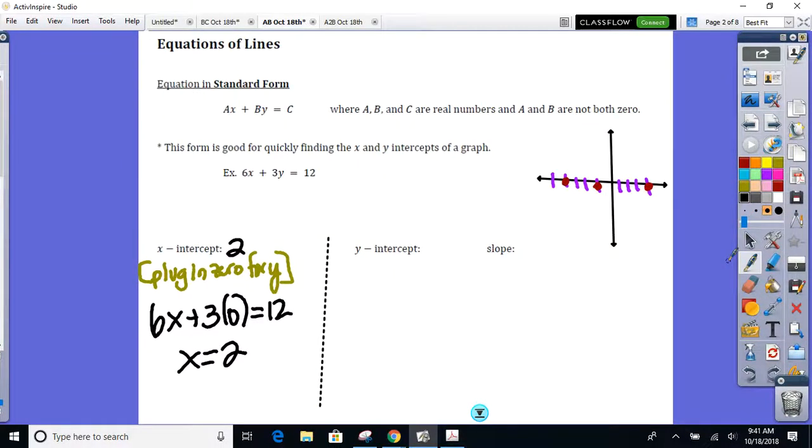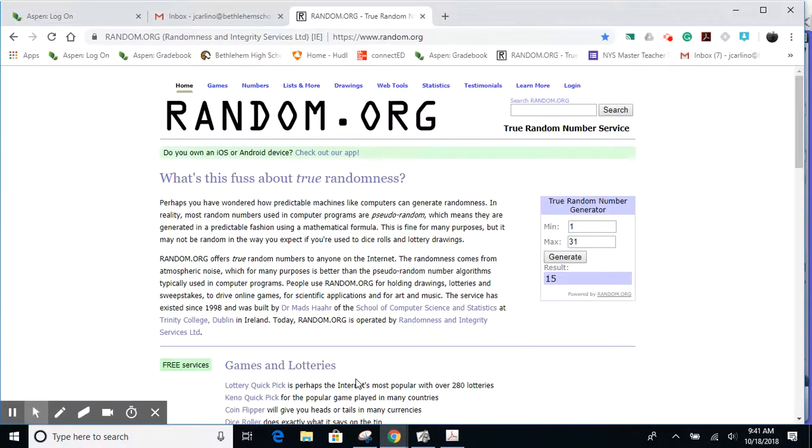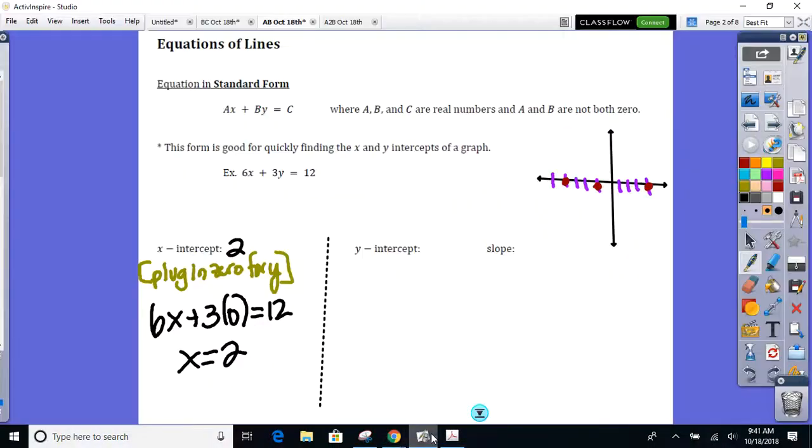Y-intercept. Look what we just did for the x-intercept. How do you think we're going to treat the y-intercept now? How are we going to treat the y-intercept? Plug in 0 for x. Perfect. So everyone go ahead now, plug in 0 for x to tell me what the y-intercept is.